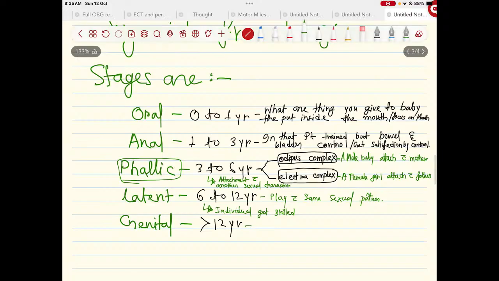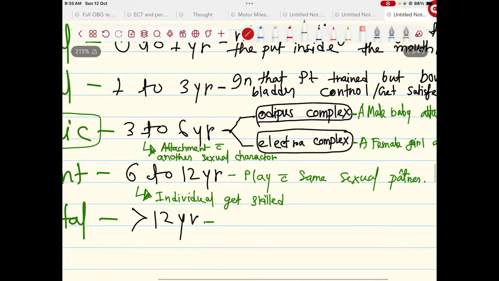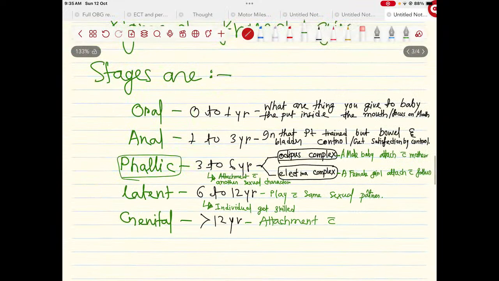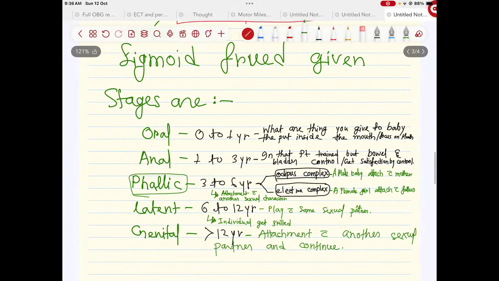And the genital stage, attachment with another sexual partner, and continues.